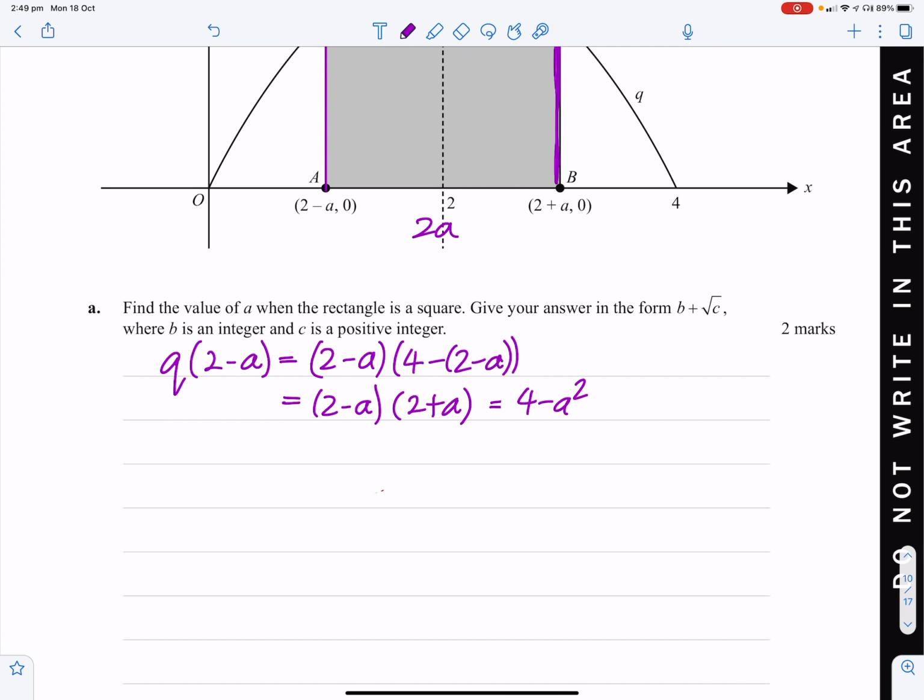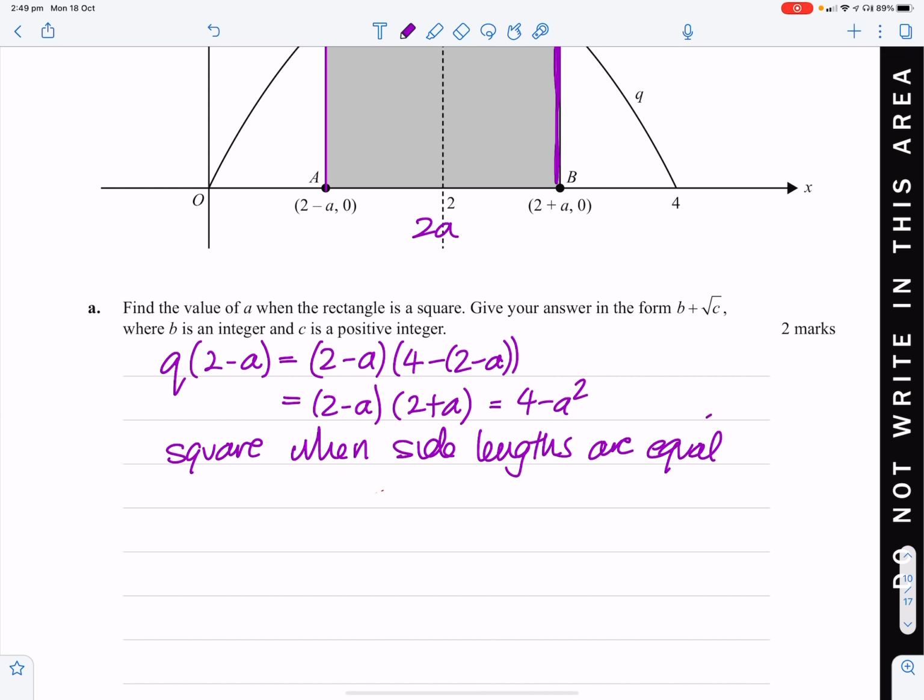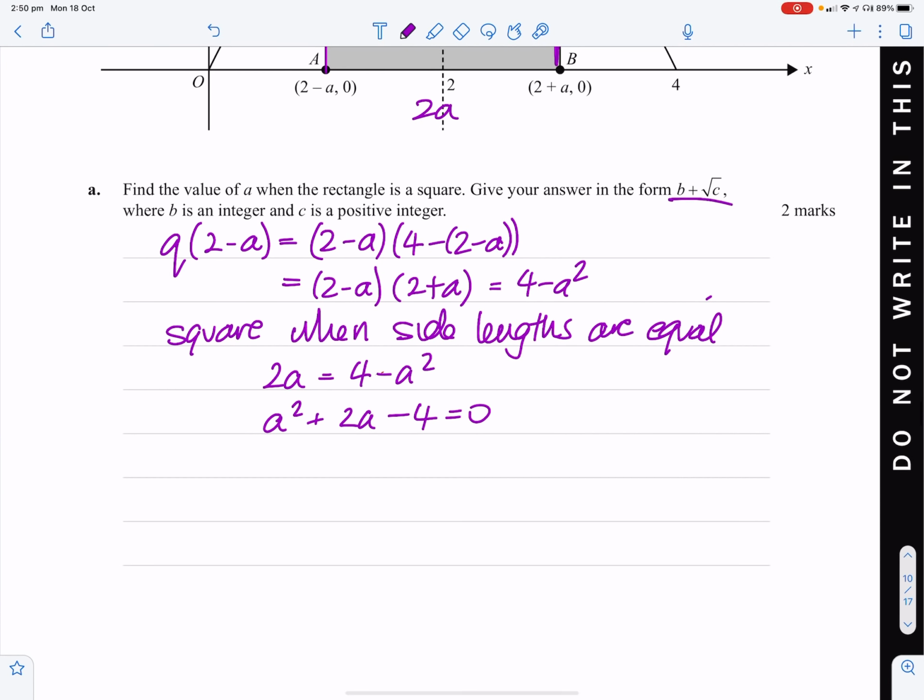So we know it's a square when side lengths are equal. So we can say 2A is equal to 4 minus A squared. A squared plus 2A minus 4 is 0. It's not going to factorize because we know it's got a square root in the answer.